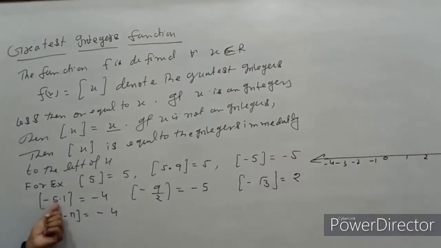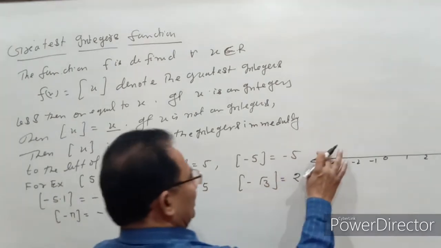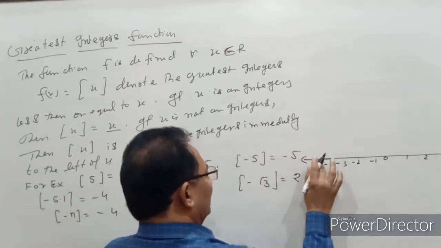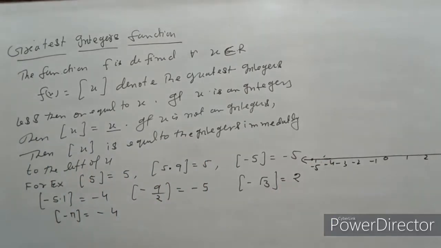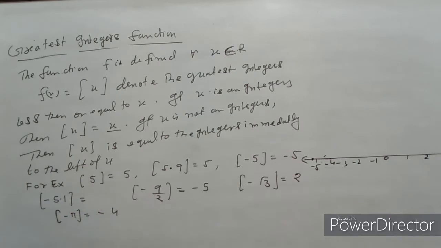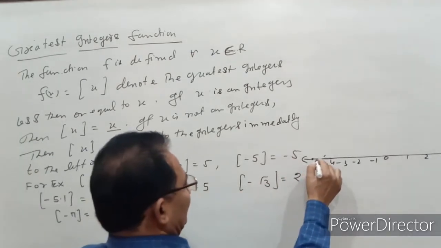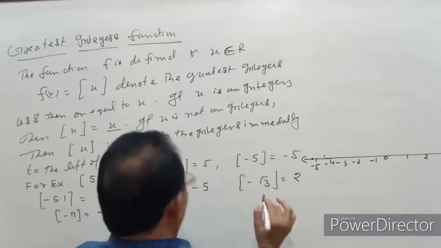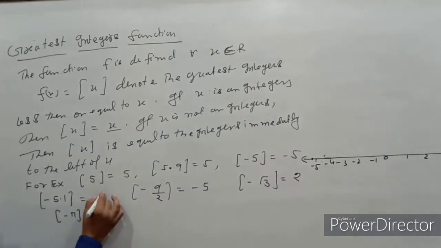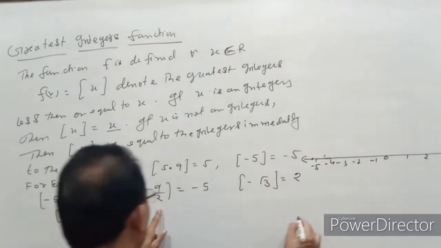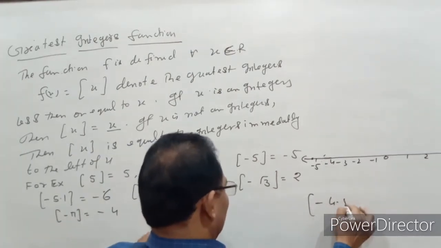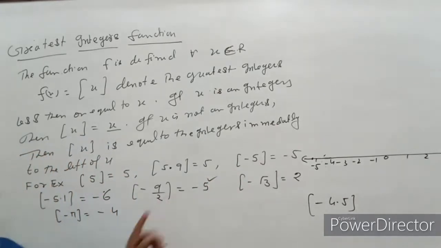But here minus 5.1, अगर हम देखें तो यहाँ पर माइनस 5.1 हमारे पास में आ गया। तो माइनस 5.1 की जो वैल्यू होगी, this is the left integer, minus 5 और 0.1, तो ये माइनस 6 जाएगा। और माइनस 4.5 means this should be equal to minus 5.